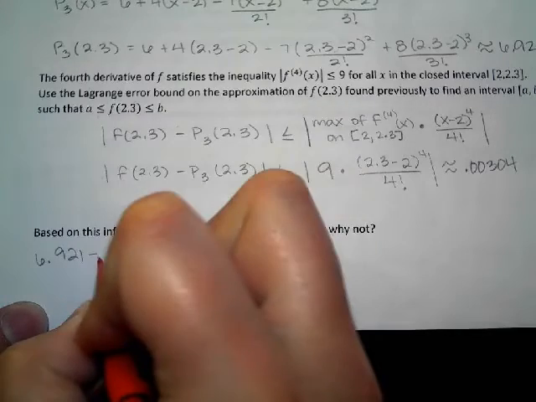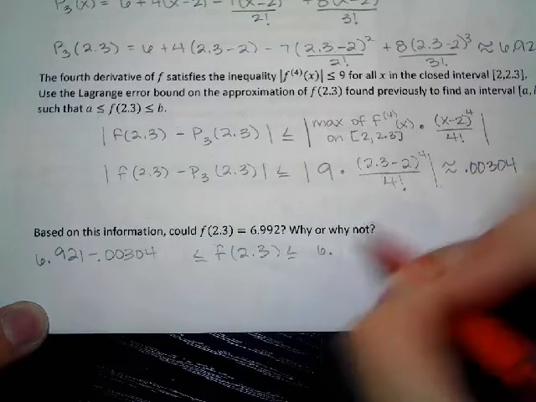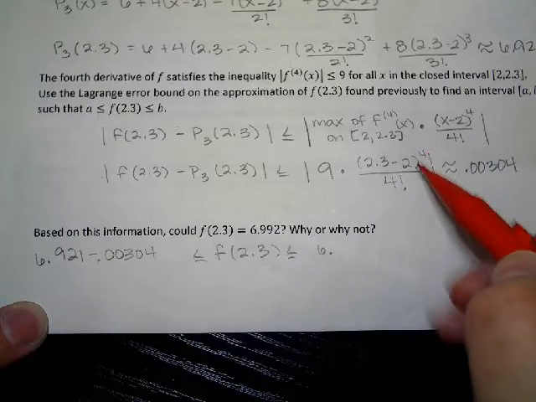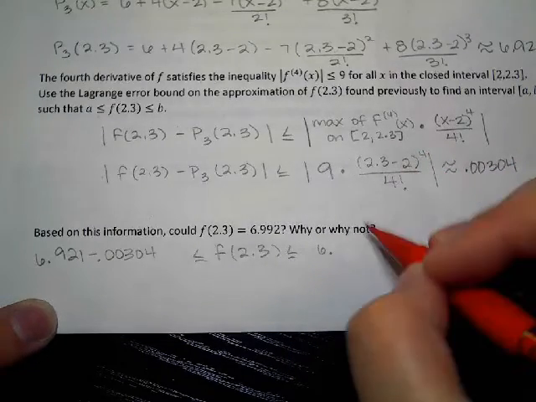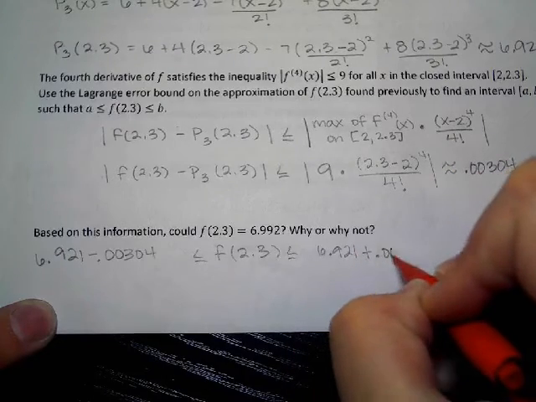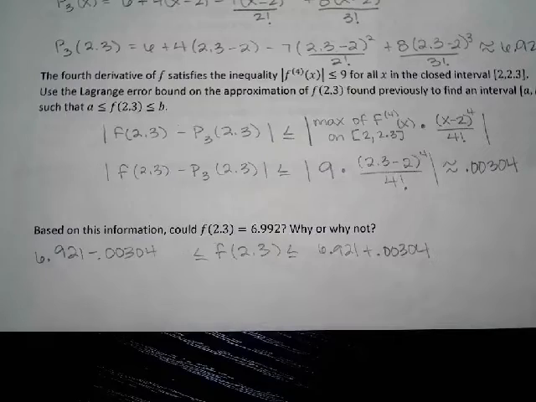On an FRQ, you could stop right here. Okay. So 6.921.